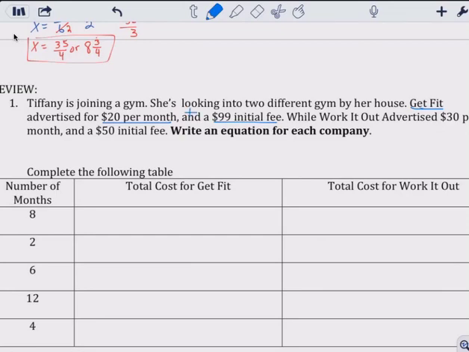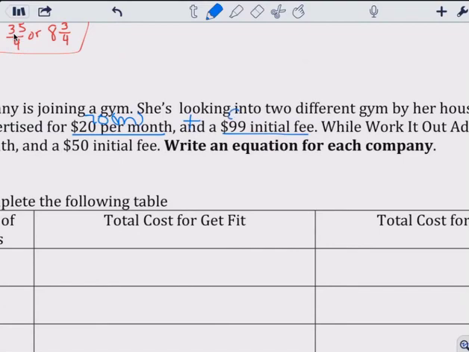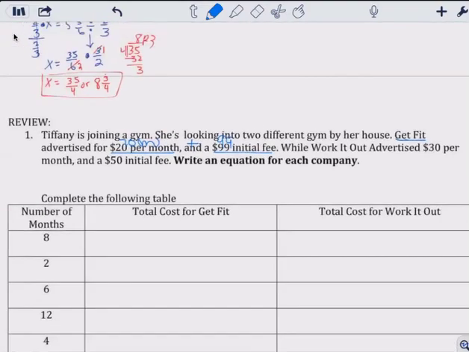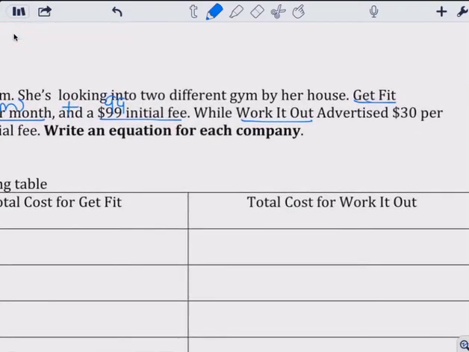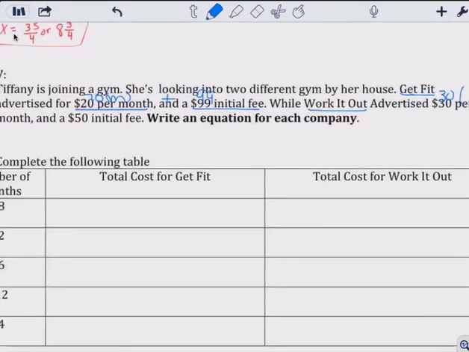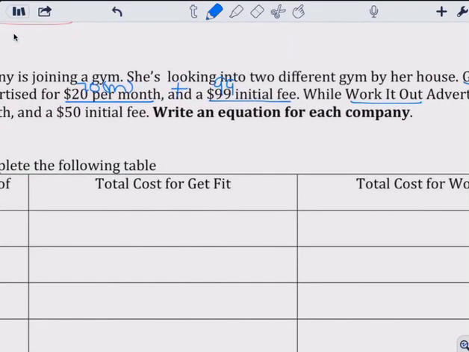An is a plus, per is times, so it's 20 times M plus $99 in initiation fee. Work It Out advertises $30 per month, so times the number of months, and an initiation fee, and is plus $50 in initiation.